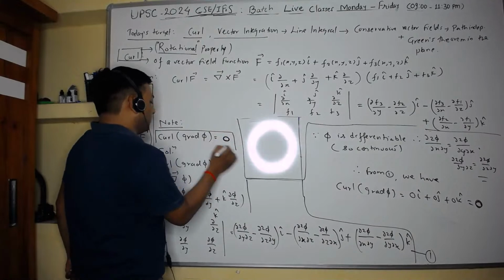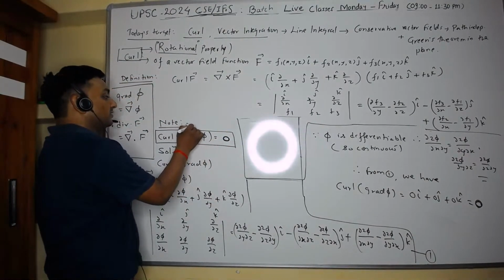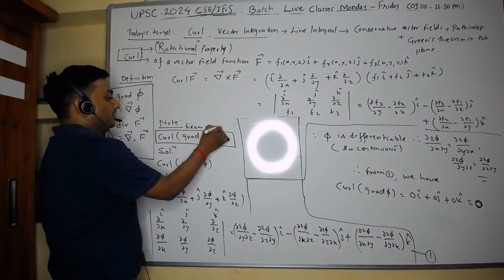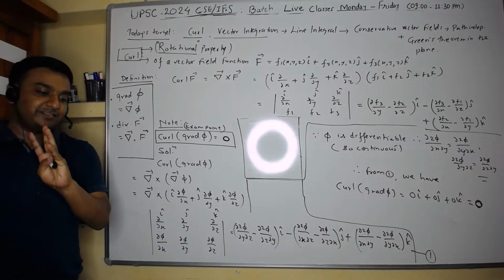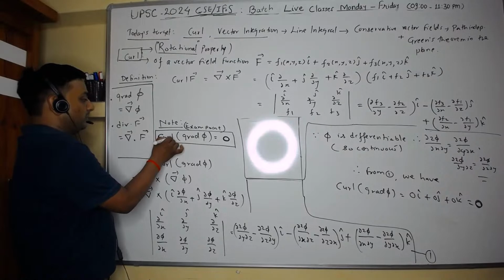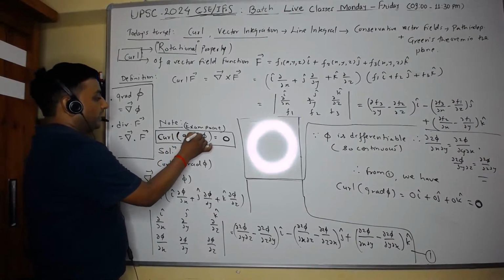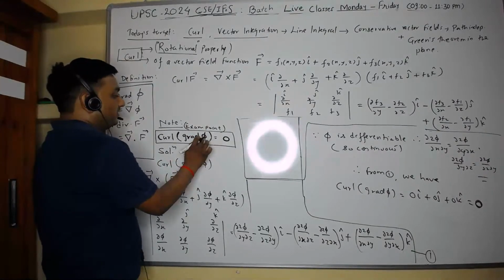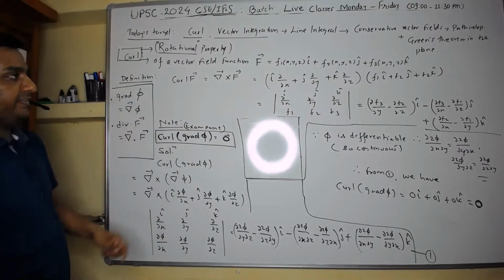Box it, and please do remember this always. This is an exam point as well. Curl of grad phi will always be zero. Please do remember. Note it down quickly, everyone. Curl of grad phi is always a zero vector. Note down please.